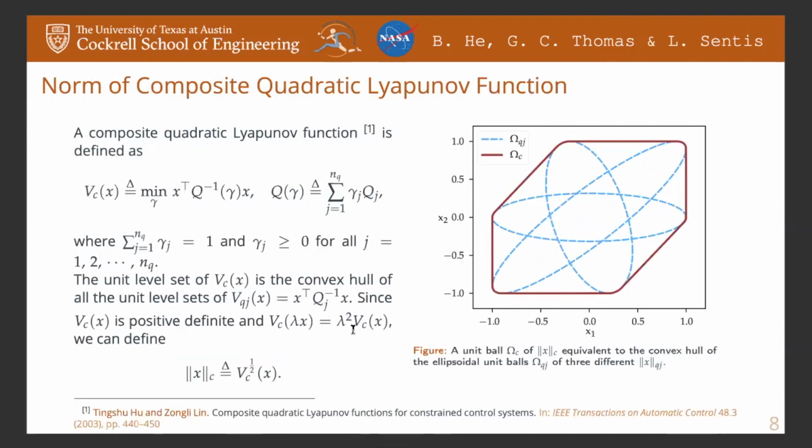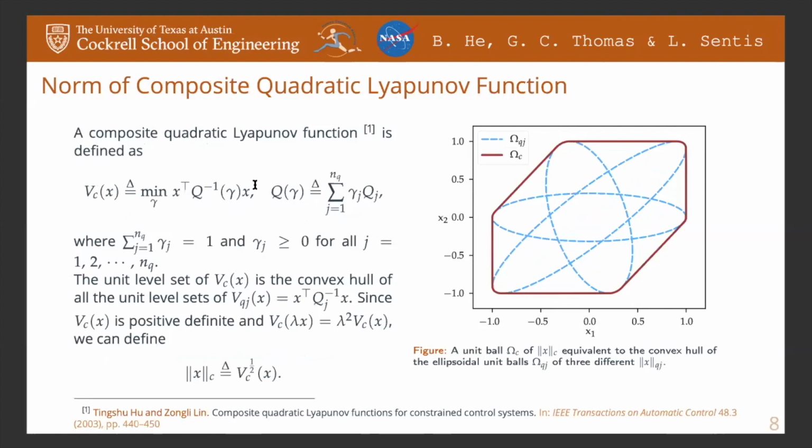But the ellipsoidal invariant set of the quadratic Lyapunov function is still not the ideal way for representing the entire safe state space region. If we want to enlarge the invariant set, we can consider a composite quadratic Lyapunov function.